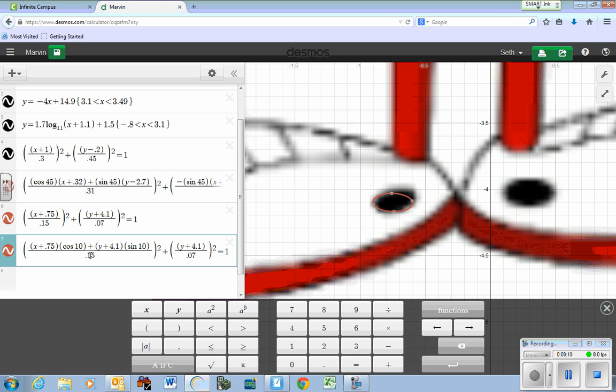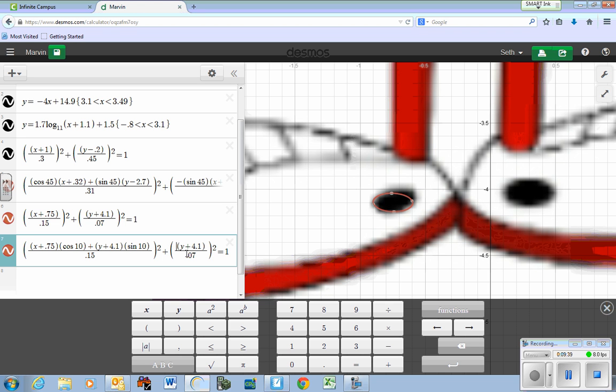So there is the changing of x to x cosine 10, y sine 10, with my x and y both adjusted. Now this y over here, I need to adjust it. I need to make it negative x sine 10 plus y cosine 10.